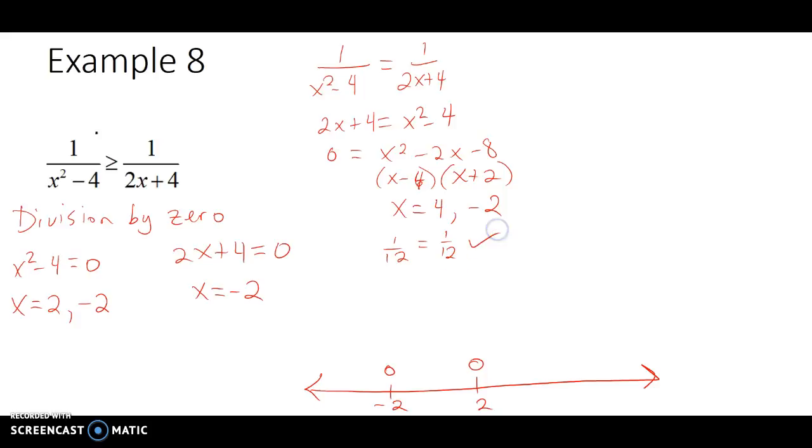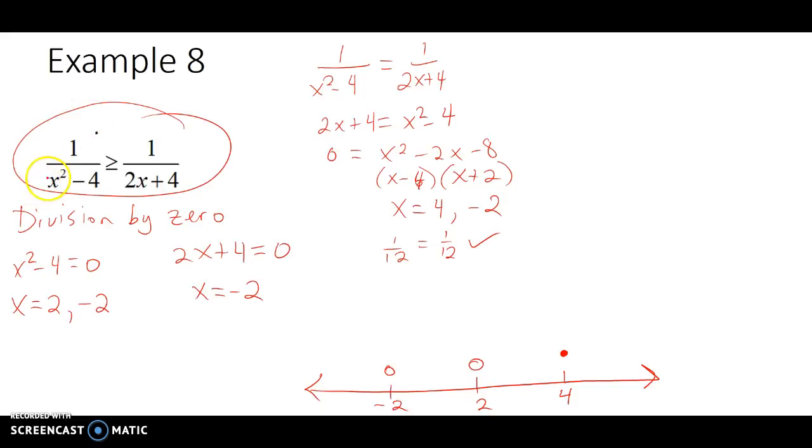So check all your answers. So we see that 4 is an answer, so I'm going to put a closed dot above it. So now I need to figure out if values in here, here, here, and here, all these intervals, would make this original problem true or false. So we would test, for example, something like negative 3.